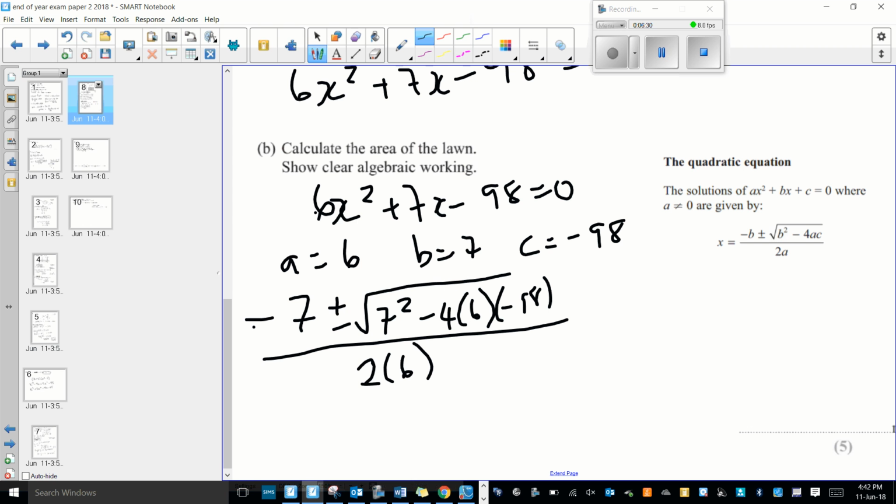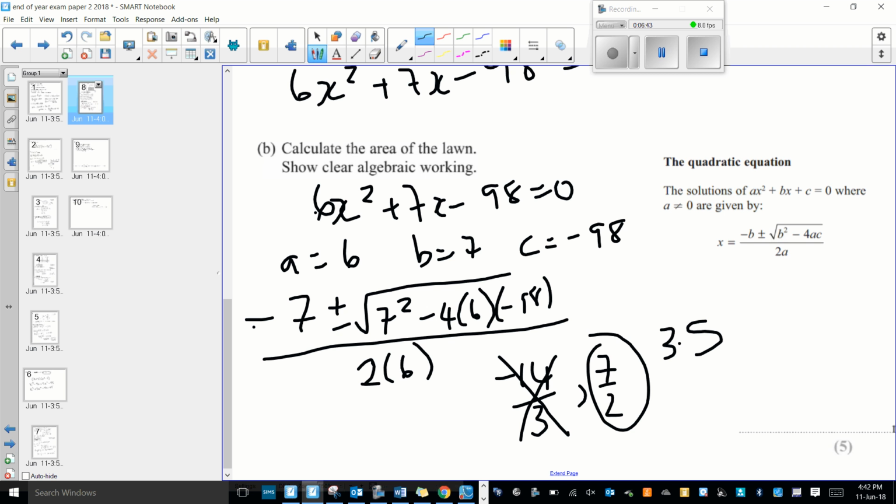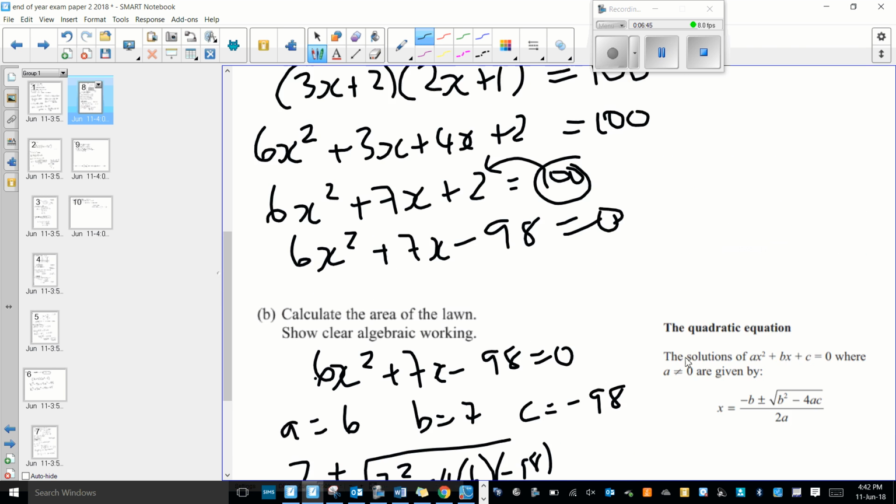and 7 over 2. Well, x cannot be negative, so we can ignore that one, and that means that our value is 3.5. And then we're going to stick that into here, so it's 3x multiplied by 2x.